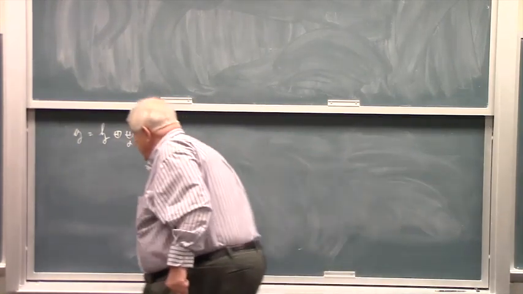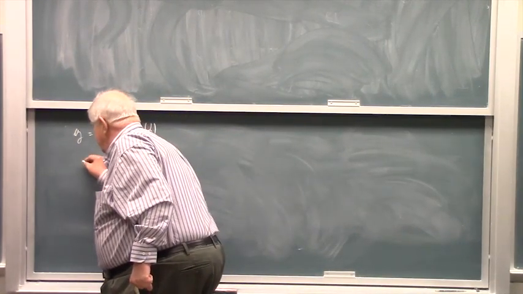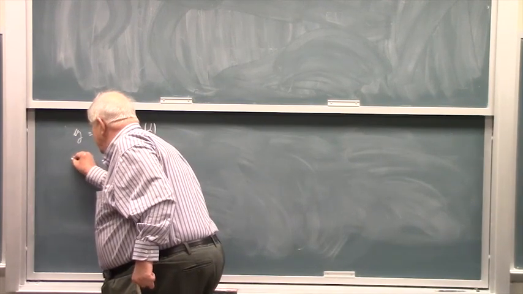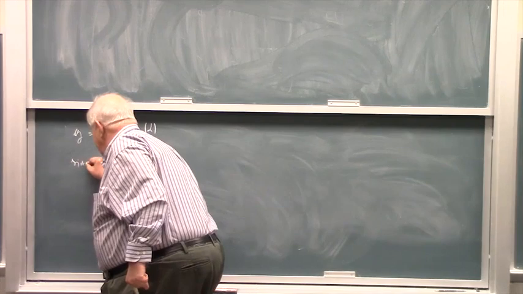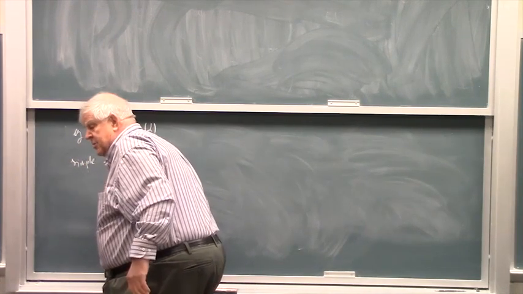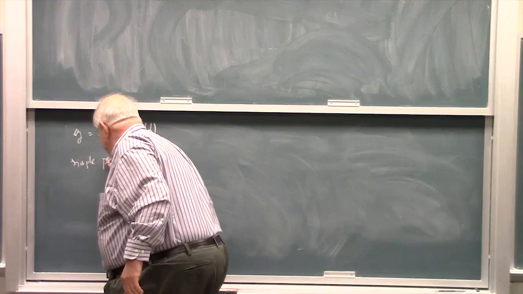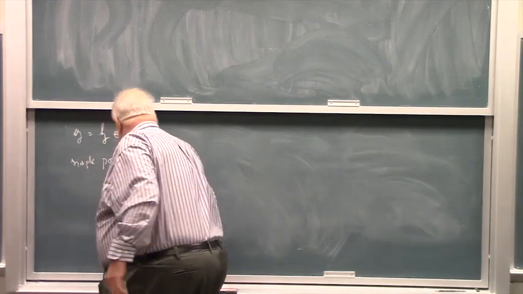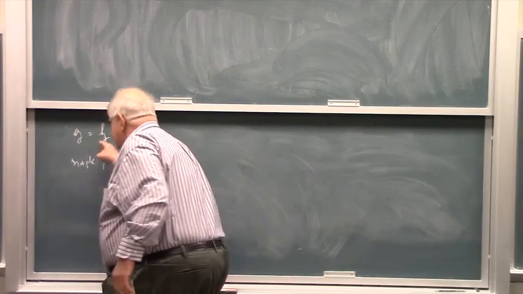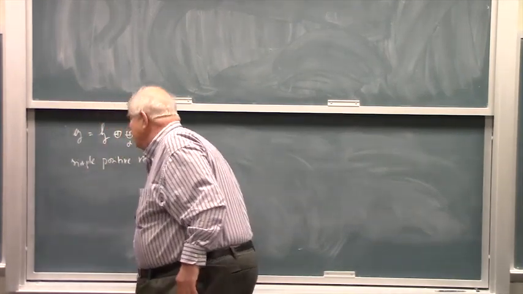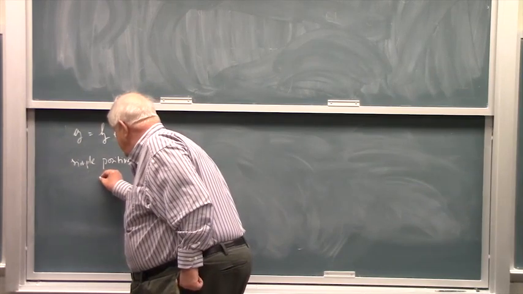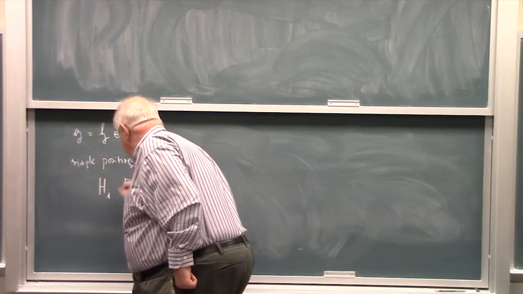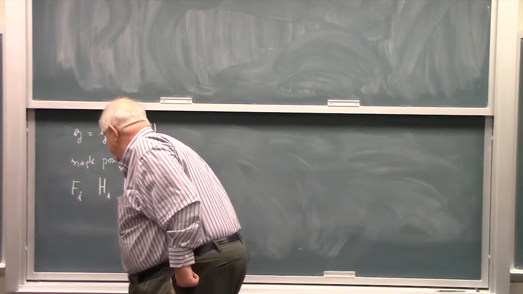Namely, let me consider simple positive roots. Certainly what I'm going to do is possible not only for simple positive roots, consider simple positive roots alpha I. The number is equal to the dimension of H. And then I consider the elements HI, EI, and FI.